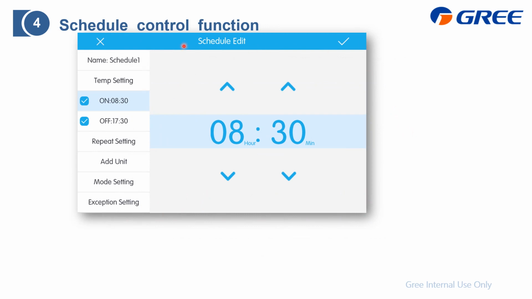And next is the schedule control function, which means your appointed indoor unit or your appointed group can operate at your appointed time. So for example, you can change the on and off time, and also change how and when to repeat it.